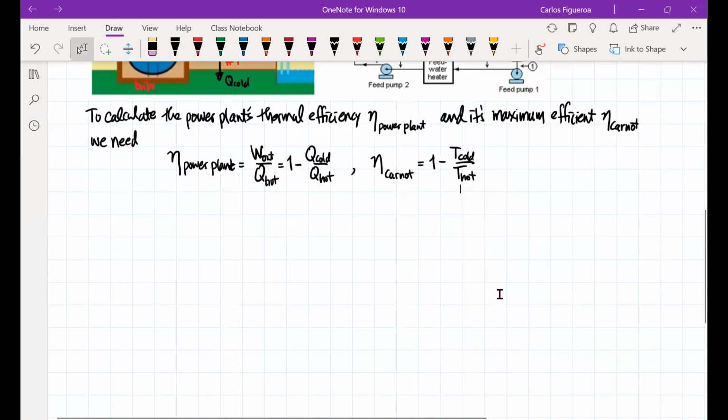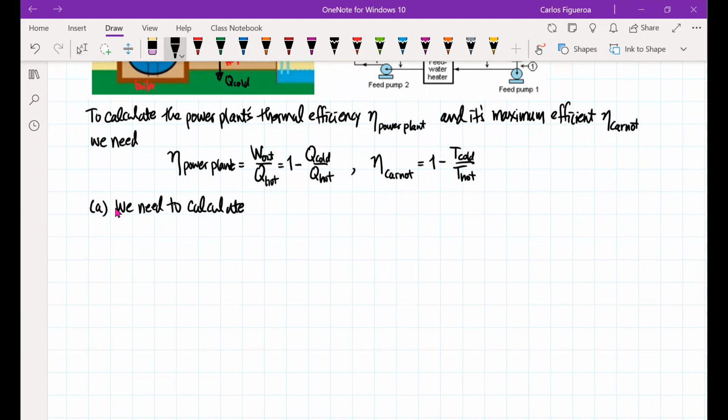So in order to really do this, we really have to calculate a few things here. When I look at this, we need to calculate Q cold, Q hot, the cold temperature, and the hot temperature.